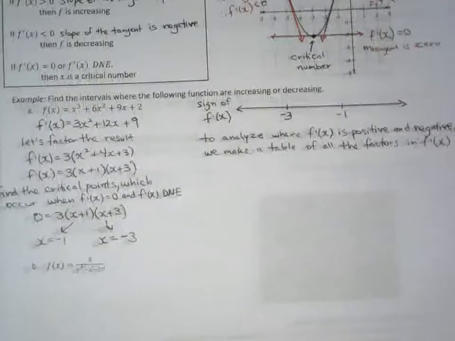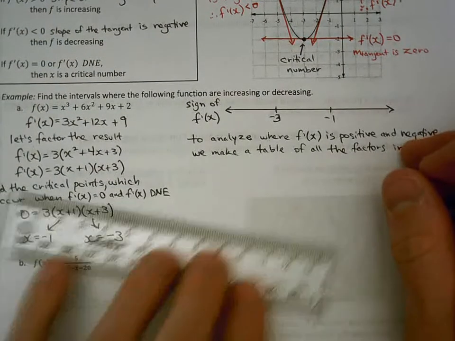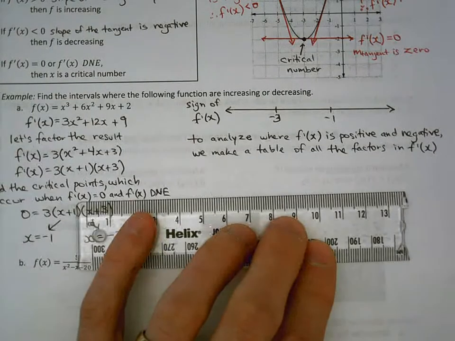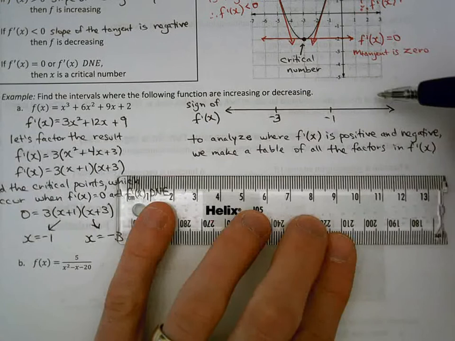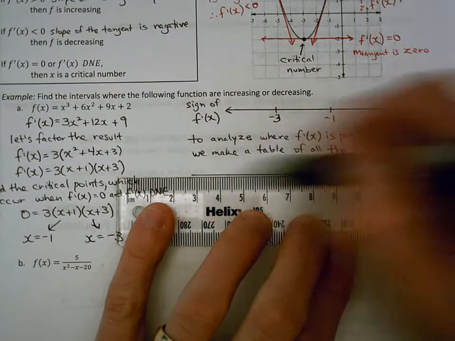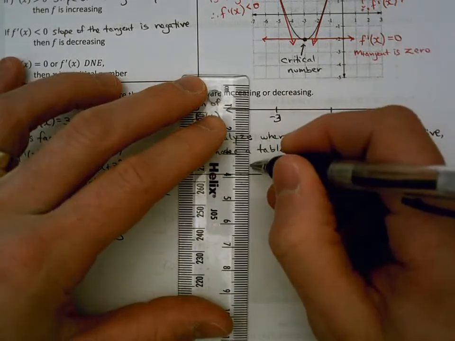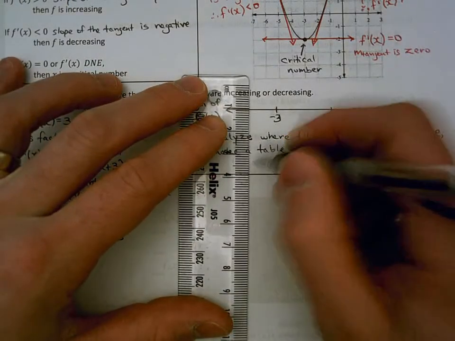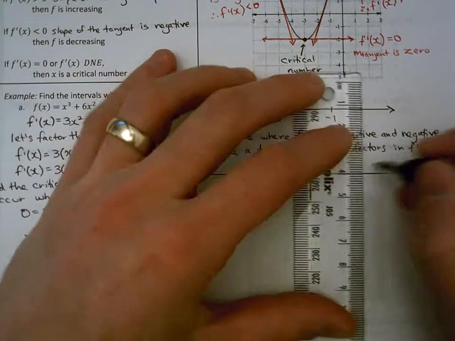This is a common thing that we're going to be doing a lot over the next little while, so you're going to get used to doing this. Basically I'm going to draw these three intervals in my table. So I have 3 intervals plus my heading.